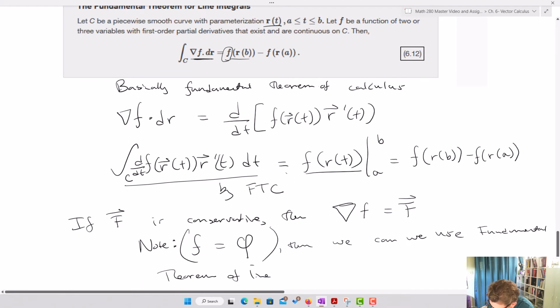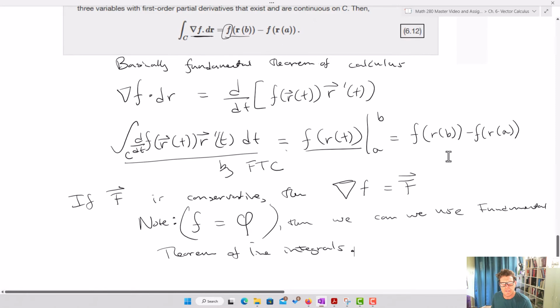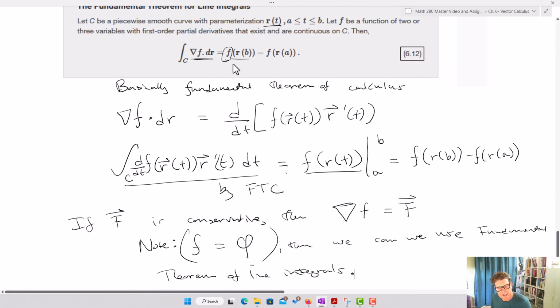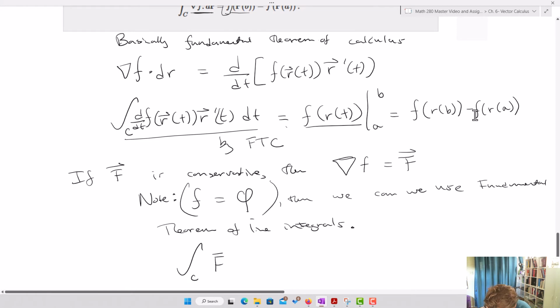So basically, we're going to look at whatever field we're working on and make a determination as to whether or not that field is conservative. If that field is conservative, then the integral over C of F, my conservative vector field, dot dr is just going to equal f of r of b minus f of r of a.